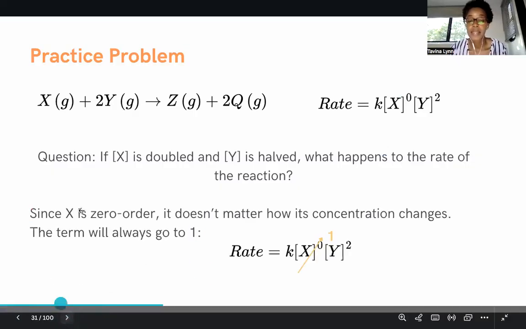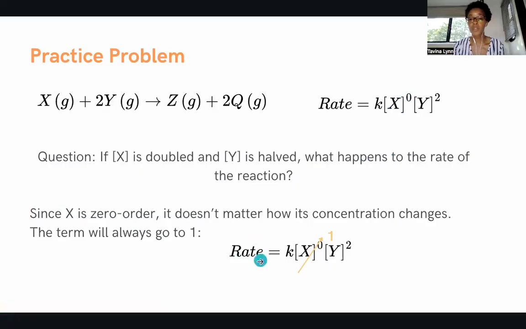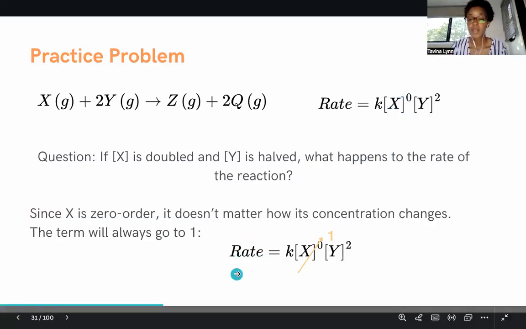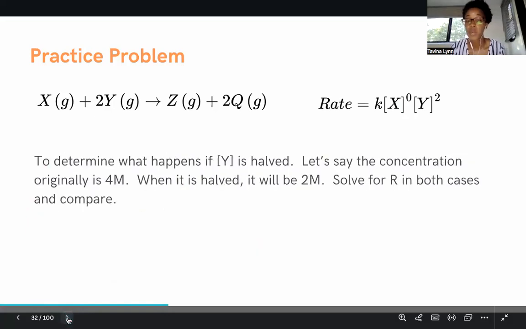Since X is a 0 order, it doesn't matter how the concentration changes, because this term is always going to be reduced to 1. So in this case, we're looking at what basically happens when the concentration of Y is halved.